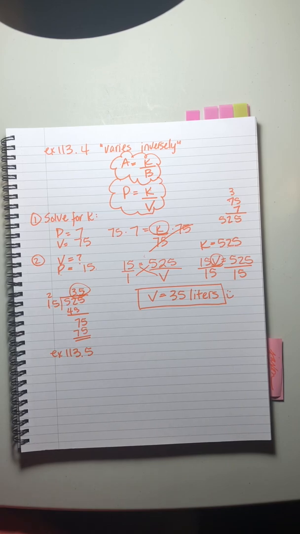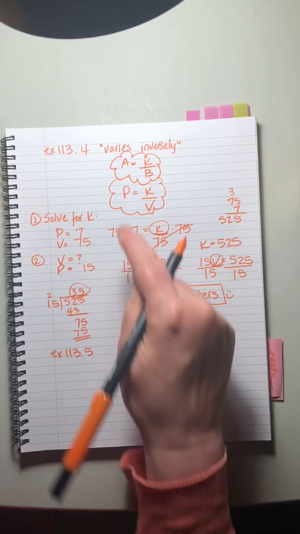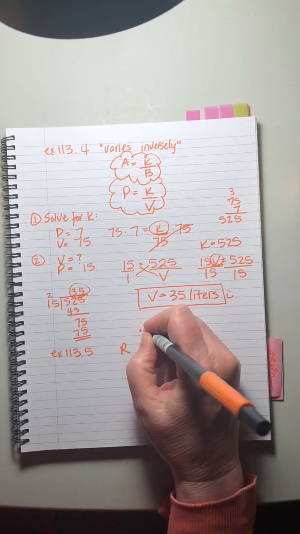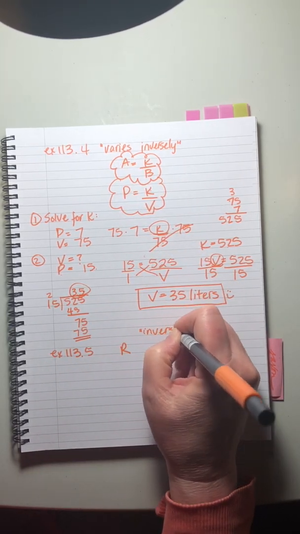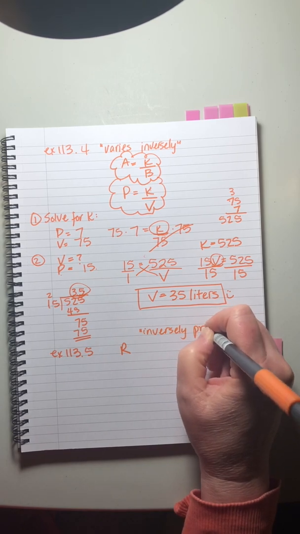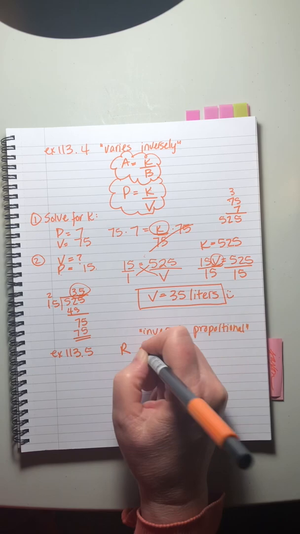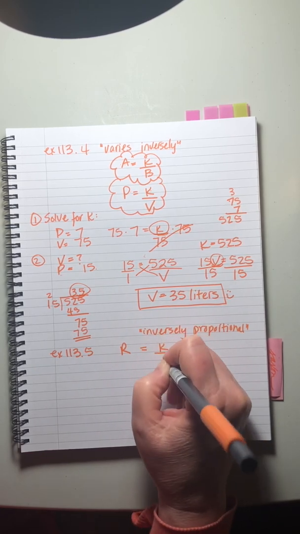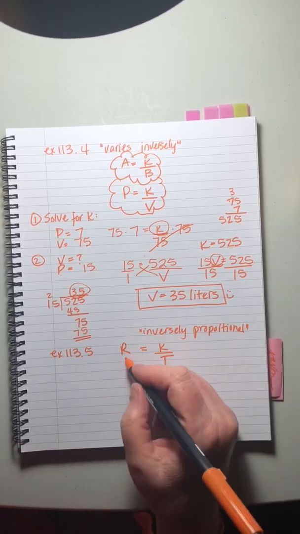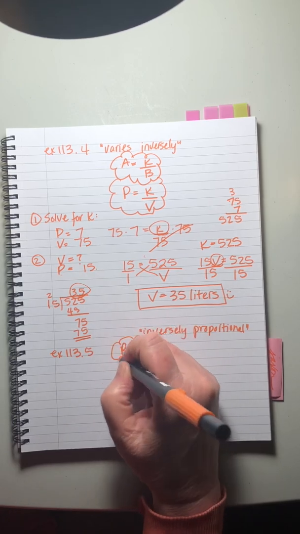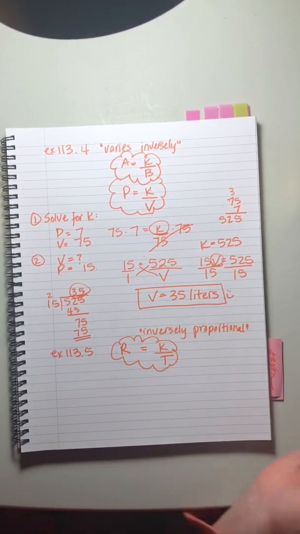To travel a fixed distance, the rate is inversely proportional to the time required. Once again, just put them in the order that you find them in the sentence, and that will always be your friend.